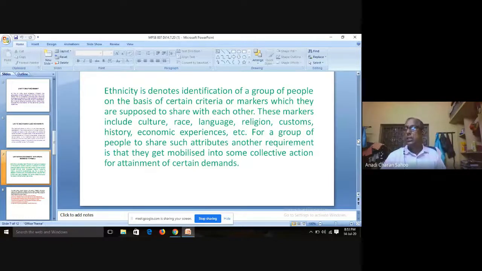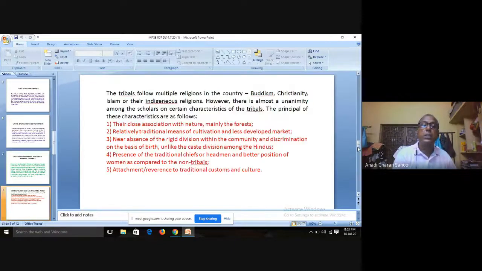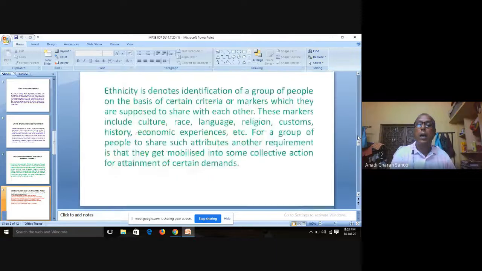Approaches to the study of ethnic movements. There are a number of approaches to the study of ethnic movements.